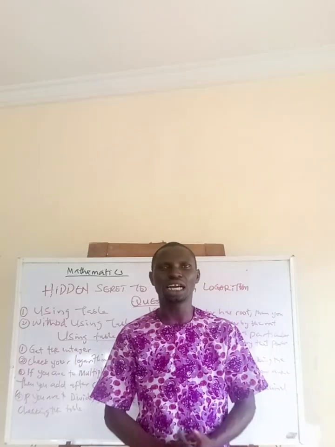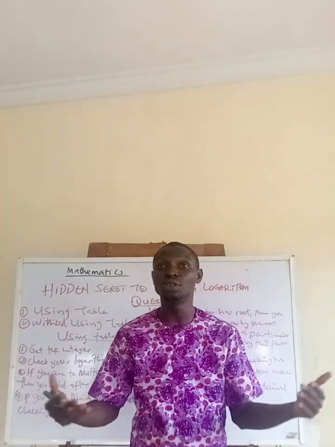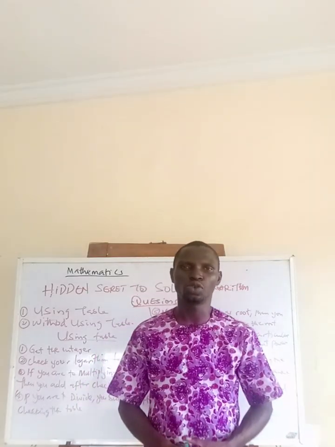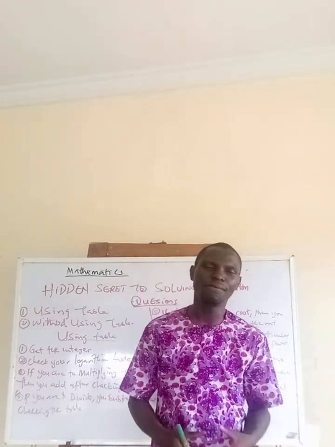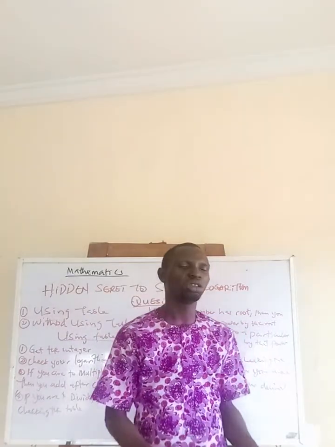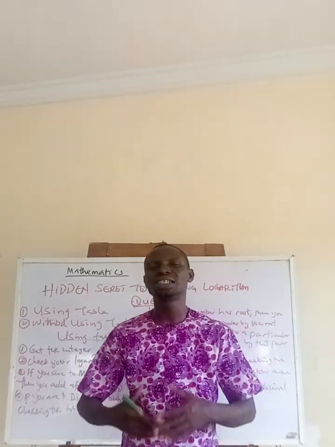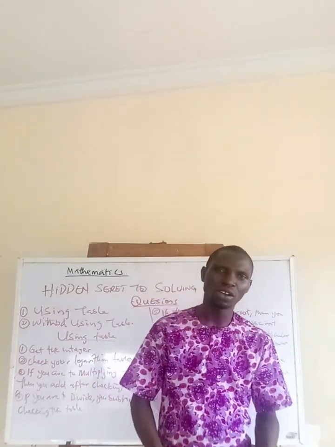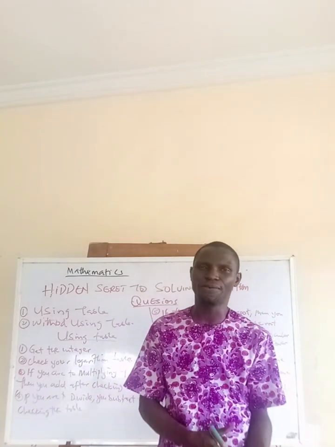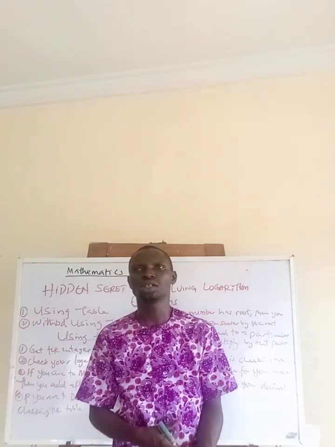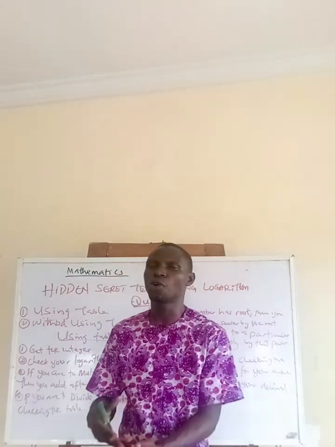Now, after checking the antilogarithm table, you determine where your decimal point will be. If the result after checking the table is greater than 1, then of course you add 1 to the integer. Take for instance, after checking the antilog, our answer is 1.2241.